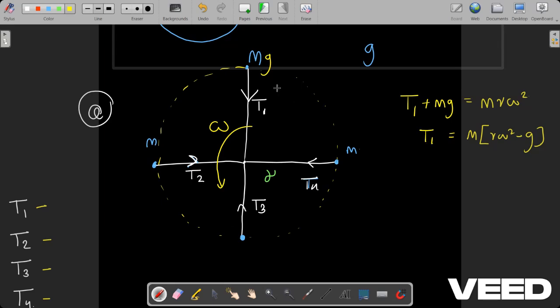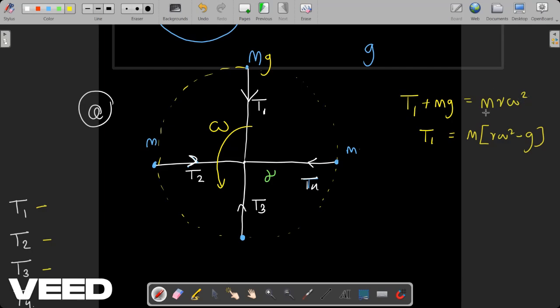So remember now, gravity and the tension are acting together. So at this place, to maintain this acceleration, you only need a little amount of tension. So when the object is at the top, the T1 value is a little value. Why? To maintain this acceleration.